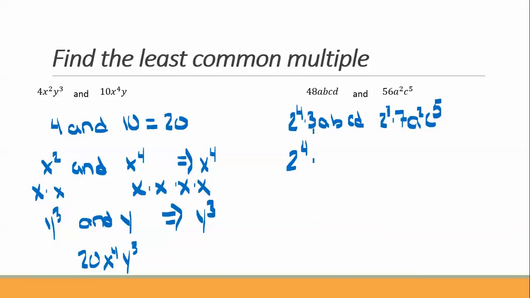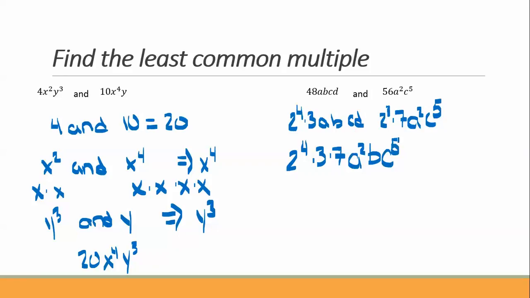2 to the fourth, 3. There's no 3 over here, but we still need it, just like we needed the 5 from over here. So we need the 3, and we need the 7. And now we're looking at a and a squared. The larger of the two exponents is a squared. B, and there's no b, so we just need the b. C and c to the fifth.